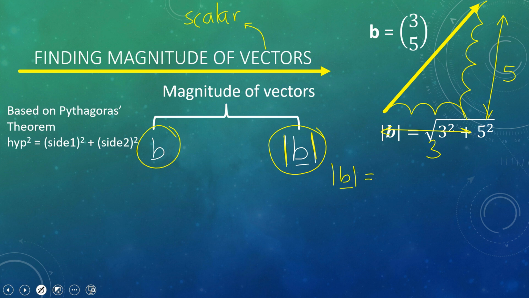It's 3 squared plus 5 squared, and that gives you root 34. You can further simplify this, but you know it's going to be 5 point something.